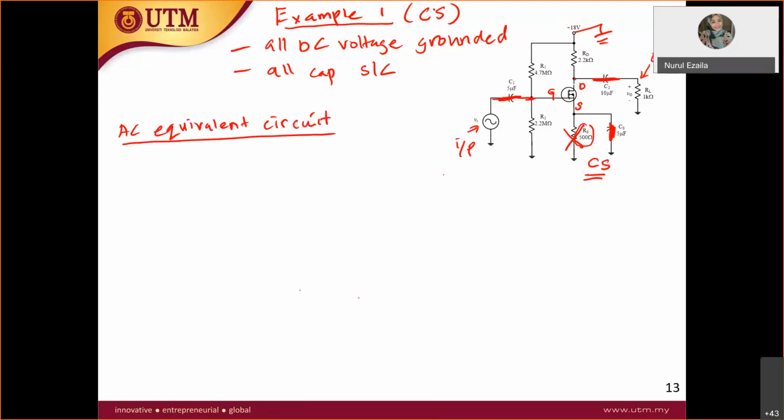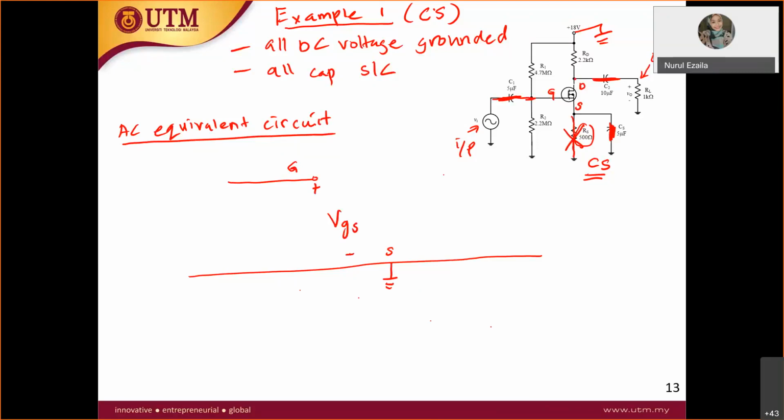First thing first, draw your hybrid pi model. So you have here the gate. You know that your source is straight to the ground, because there is no resistor, so you can draw your source like this, to the ground. Not to forget, you have your voltage over here, VGS.